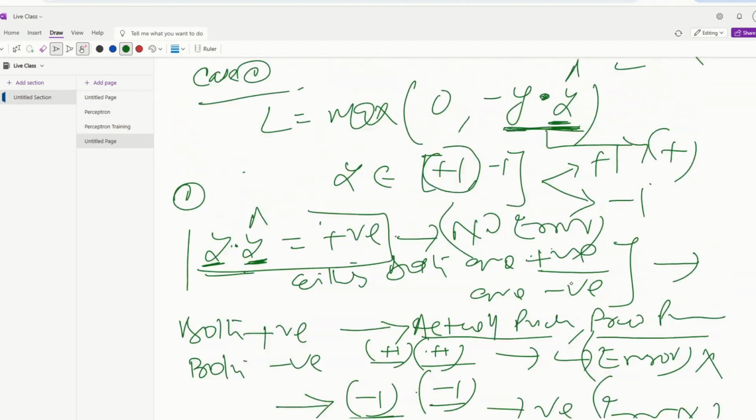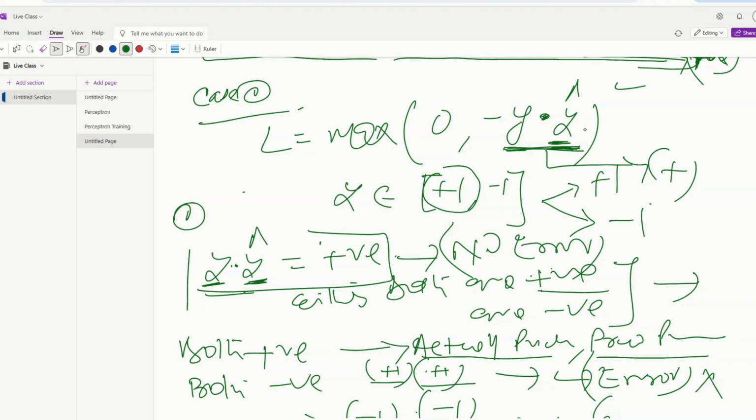So what I'm trying to explain here: let's assume that y, the label in my data set, is plus 1 or minus 1. Now in case y into y predict, I'm doing the multiplication, if both are positive, it means that the point is not misclassified.